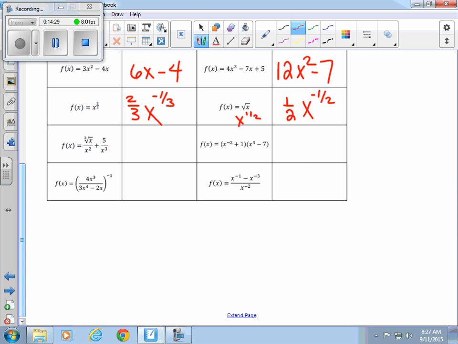Today we're focused on finding the derivative of the cube root of x over x squared plus 5 over x cubed. Oh no, I can't do that using the power rule.